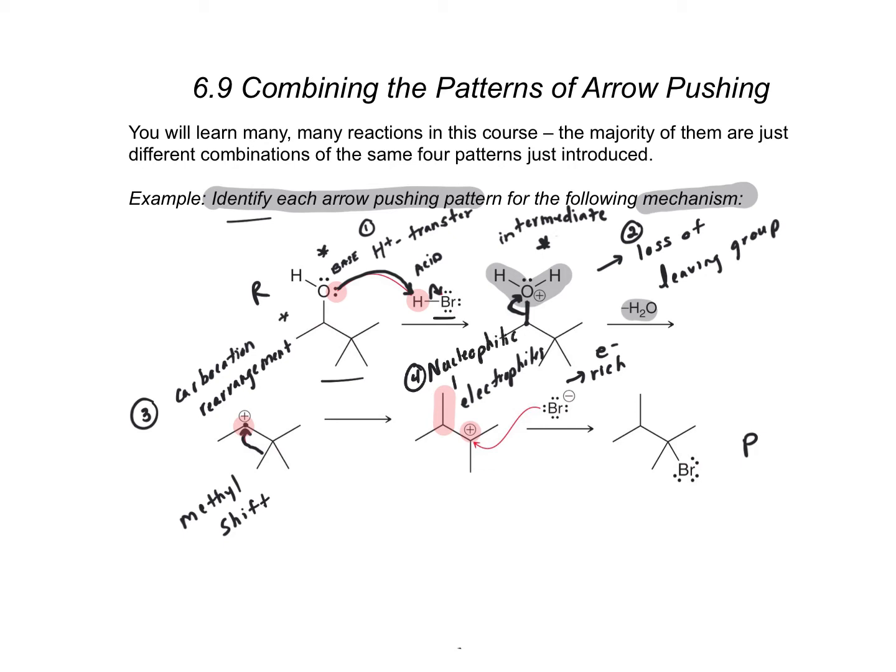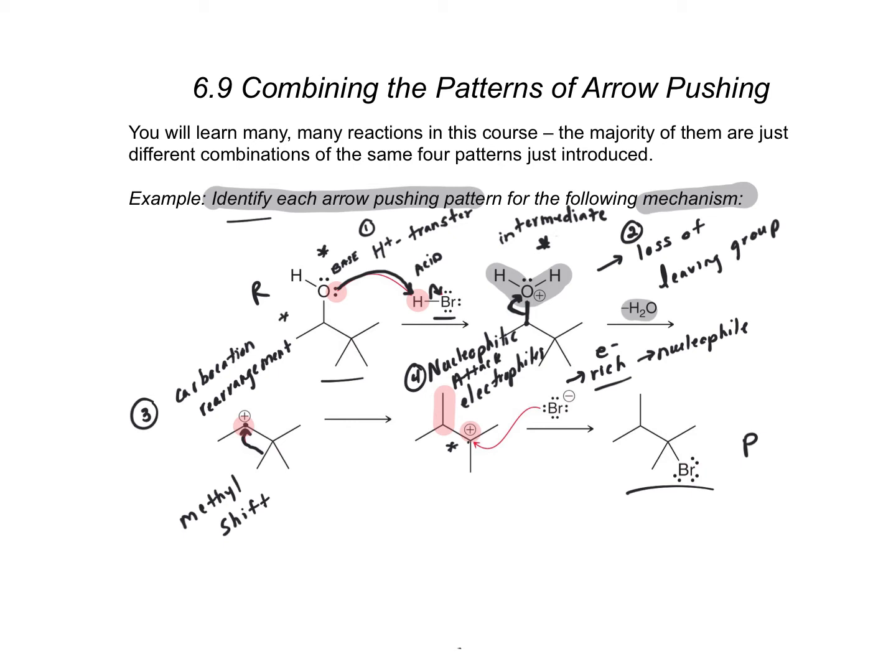Again, we have an electrophile, our carbocation, being attacked by our nice little electron-rich species, which is called a nucleophile. A bond is forming between our nucleophile and that positive charged carbon on our electrophile, and we get our overall long-term product.